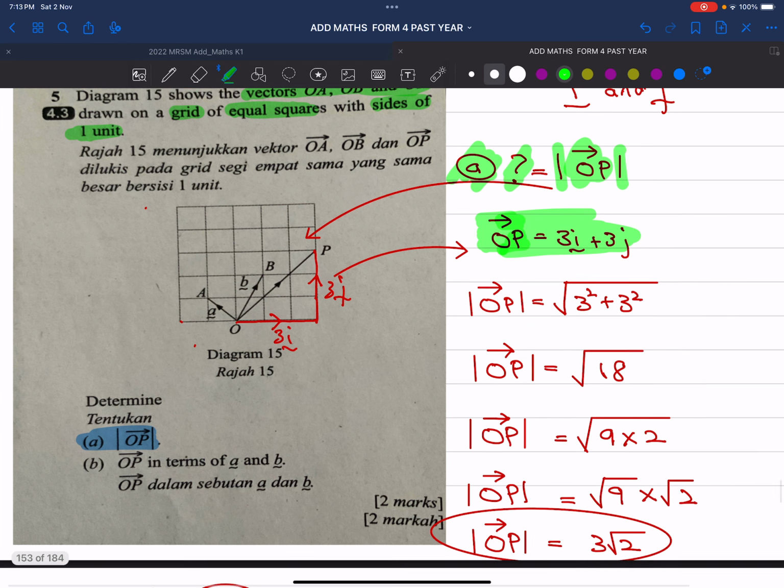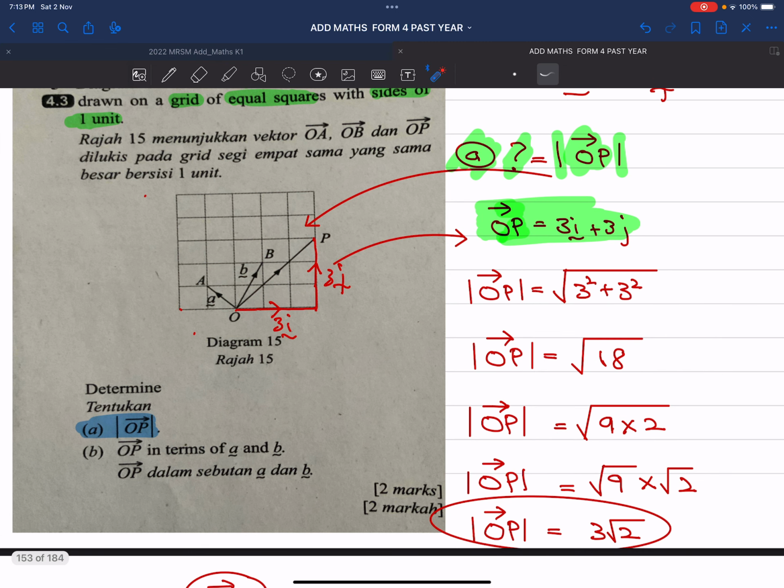Now, when you are given a vector in i and j, the magnitude of that vector is the square root of the numbers in front, 3 and 3. Square root of 3 squared plus 3 squared. Of course, 3 squared is 9, 3 squared is 9, 9 and 9 is 18. So the magnitude of the vector OP is square root 18.